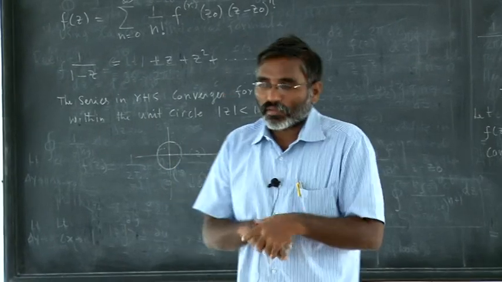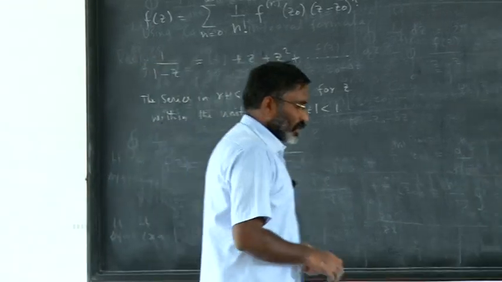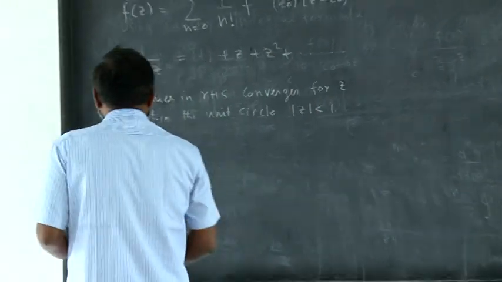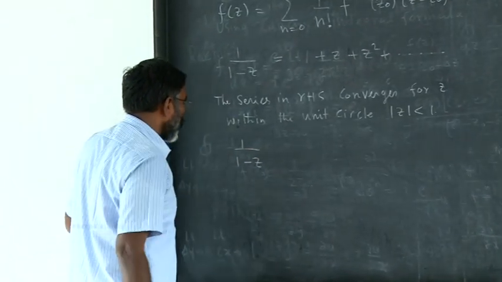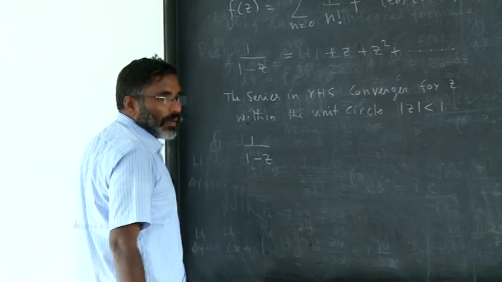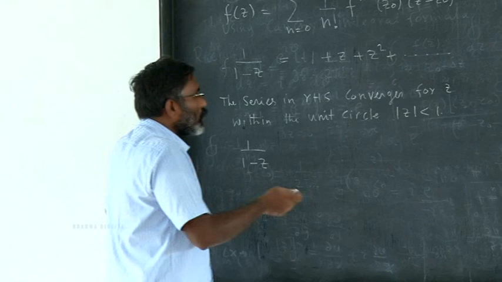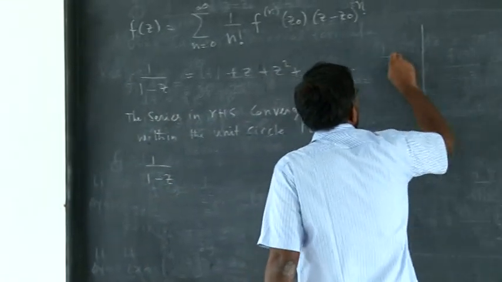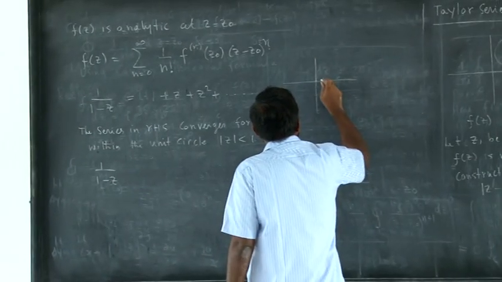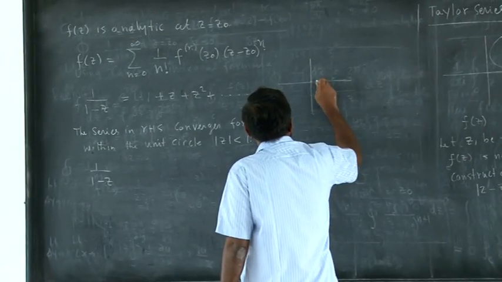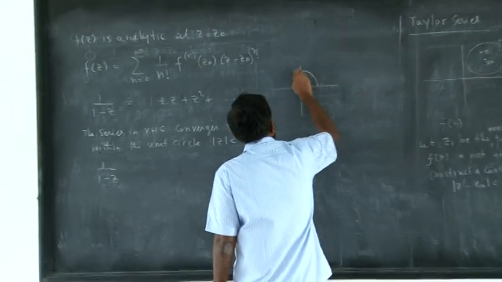There is also a nice way of doing something like this. Let me just take, for example, 1 by 1 minus z. Instead of expanding around z equal to 0, if I, for example, expand it at z equal to half, let's say, so this is our unit circle.